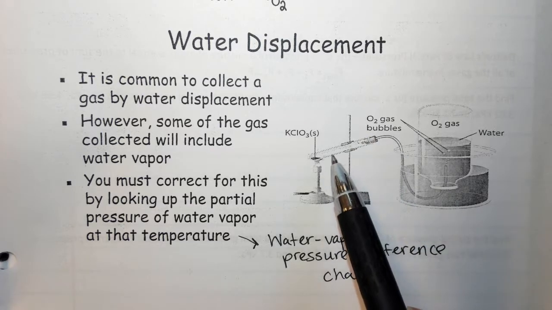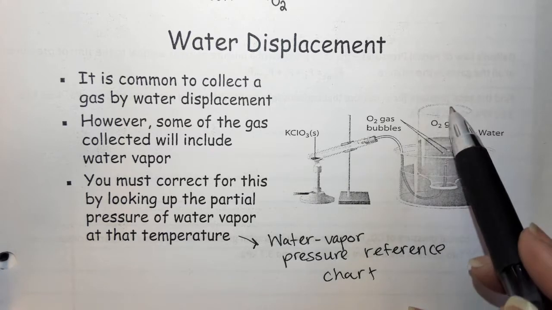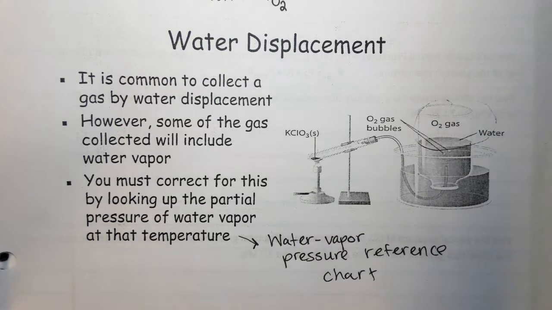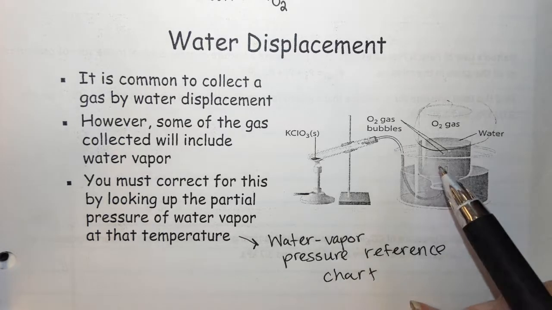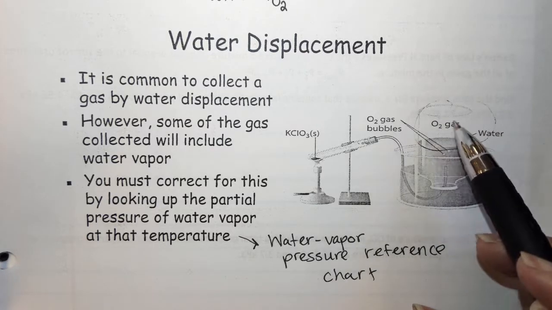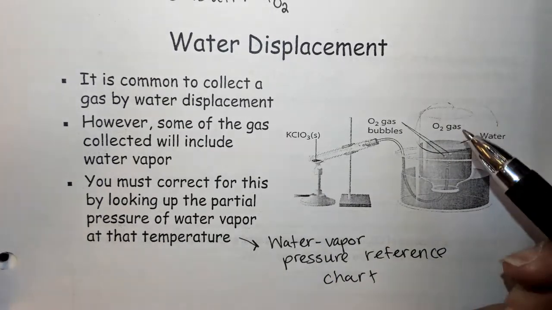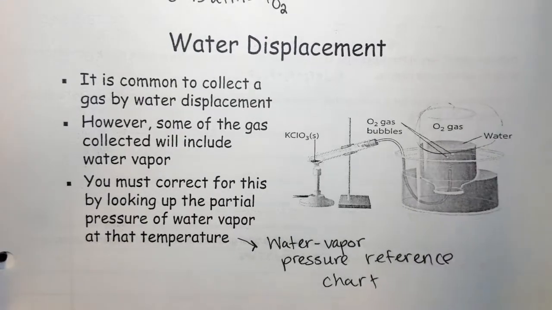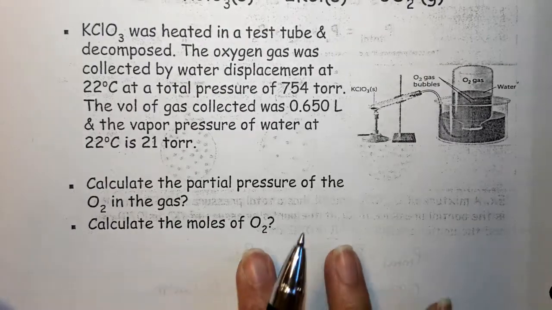The oxygen gas is going to travel through this tube and pass through the water and collect as gas within this container. And as it travels through water, oxygen is going to include water vapor. Like our note says, we have to take this into account to find out the actual pressure of oxygen. So let's look at that picture in a word problem.